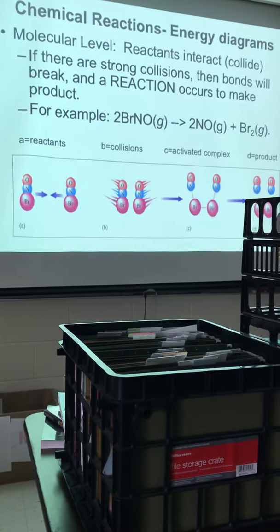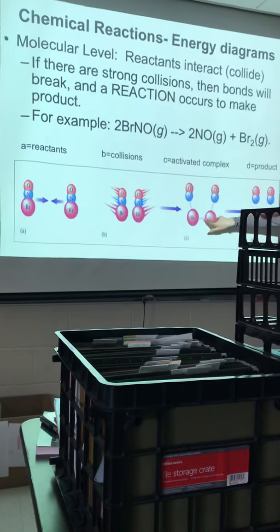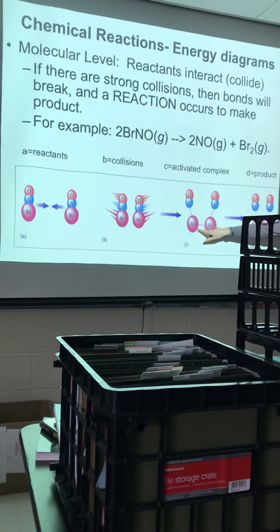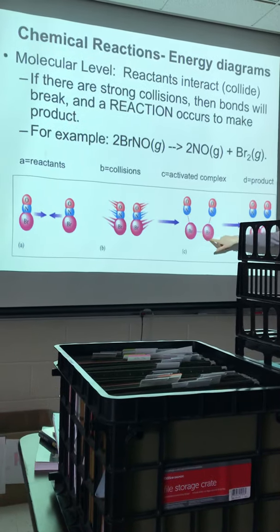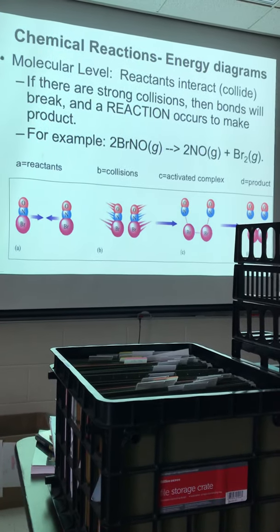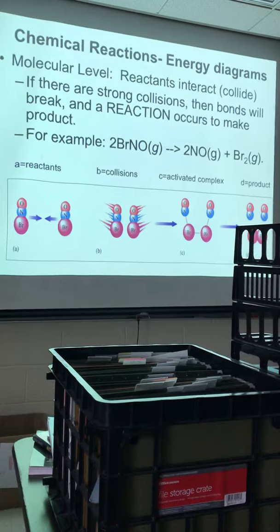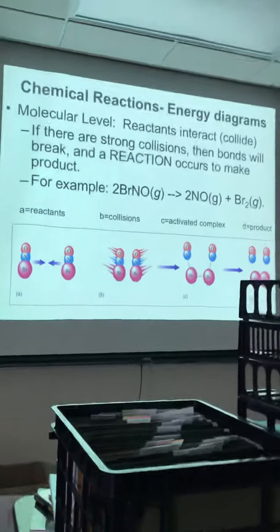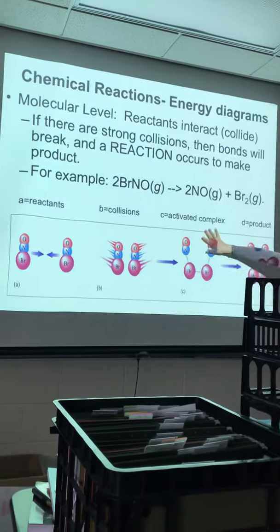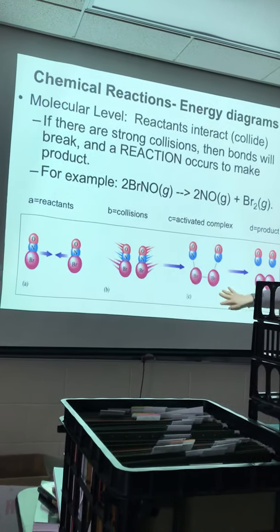And then what's happening right here? They're coming together. We're creating a new bond, right? So this is called our activated complex.